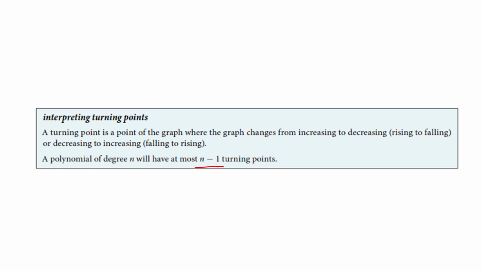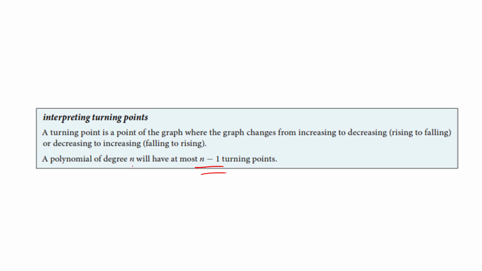Now, I don't find this to be all that particularly helpful, but when the graph is moving from left to right, you can know the most possible number of turns that you can have. Take the highest exponent and take away 1, and that's the maximum number of times it can turn. I don't ever ask this question on a test because as you're doing it, it's all just pretty natural how many times it's going to have to turn.